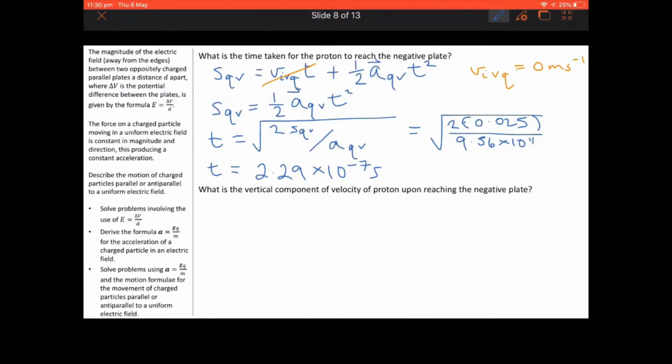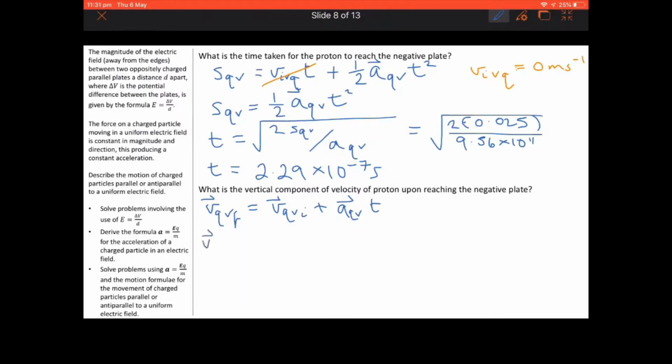So to find that out, we can use the final velocity is equal to the velocity of the charge vertically initially plus the acceleration of the charge vertically by time.